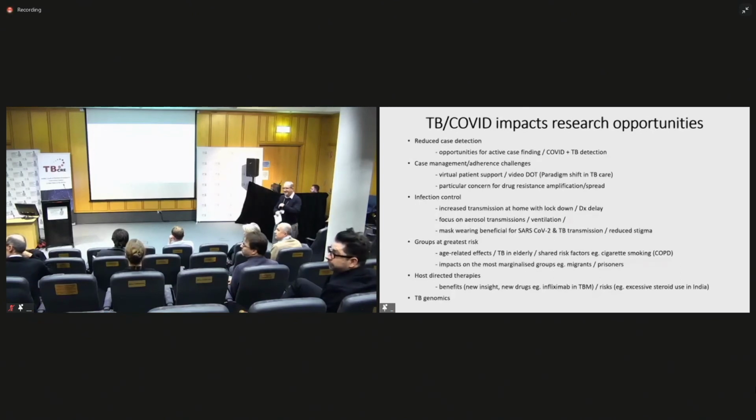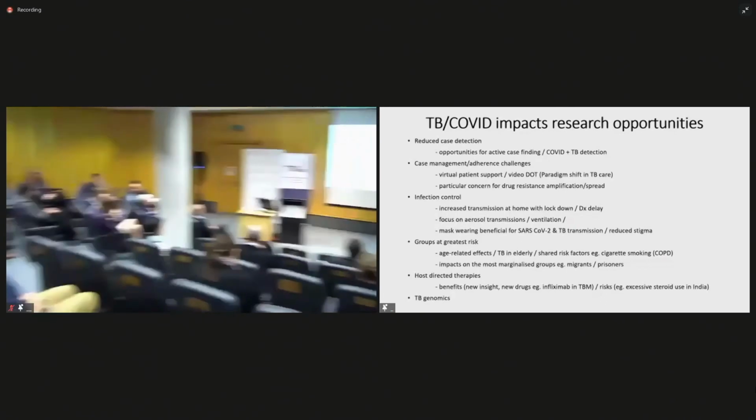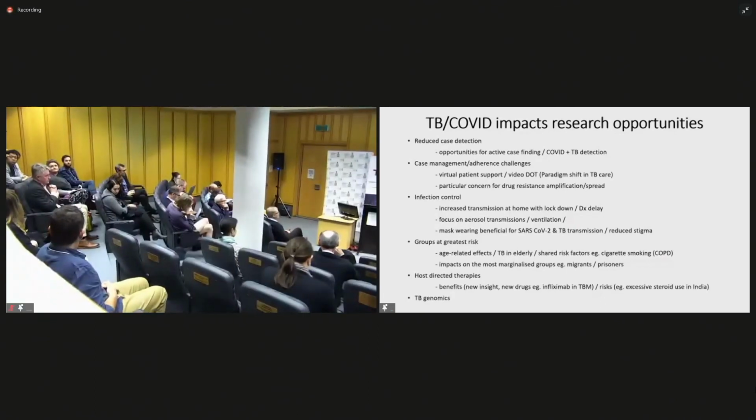Well, I think that Spanish study at least provides some proof of concept that it's something to be concerned about, that there is evidence of potentially increased transmission within households. In many endemic settings, child TB diagnosis remains a major limitation.